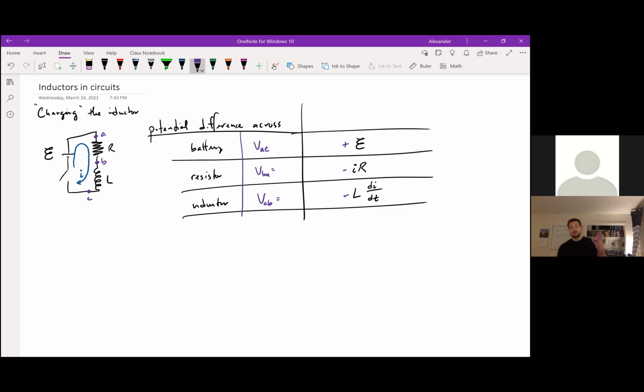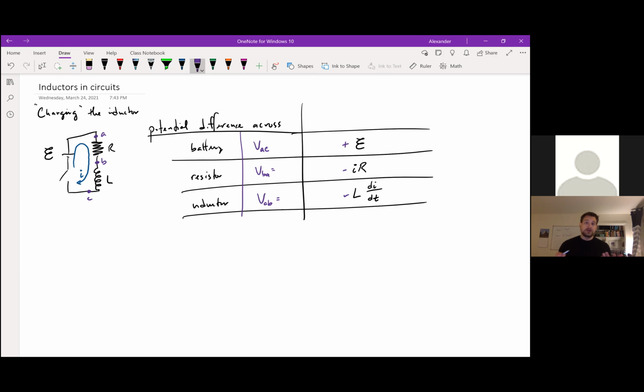Now, we've got an EMF and a resistor. There should be some current, should instantaneously flow. But if we try to pass an instantaneous current through the inductor, we have changed the current infinitely fast, which means the induced EMF will be infinitely large, which will oppose the battery, and we won't actually get anywhere.